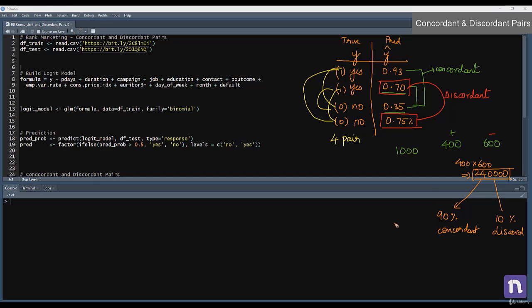Now this is model 1. You have another model where you have say 88% of concordant cases, 12% discordant.